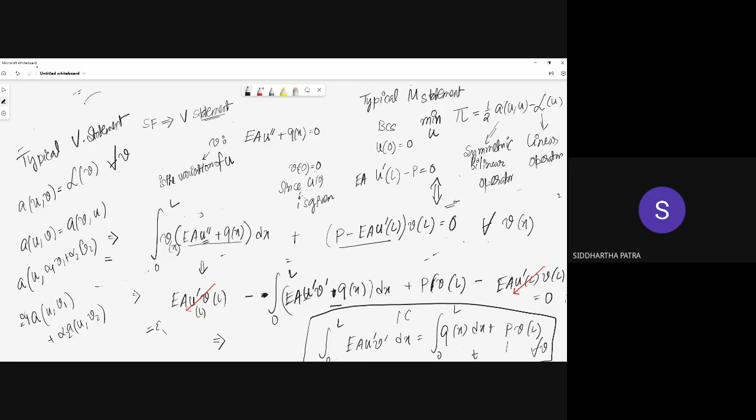Now, if you want to look carefully, you can find here this one right here is your A(u,v). You see, it doesn't actually have u and v, it has u prime v prime, but together it is a linear operation in u and v.